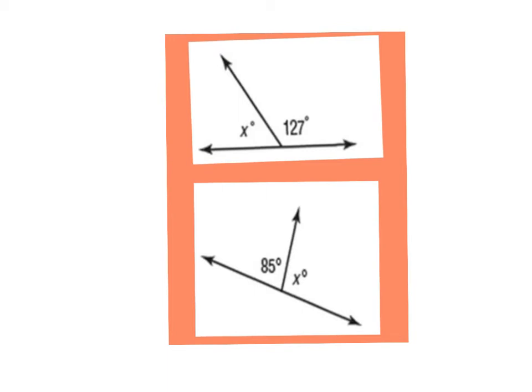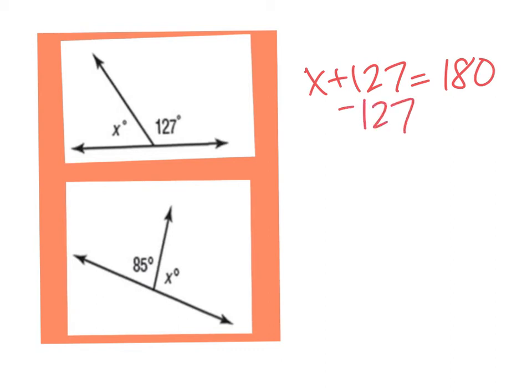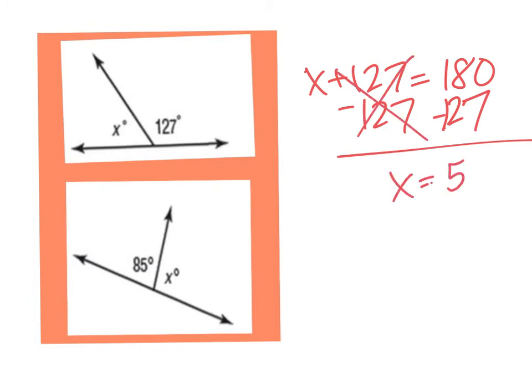In this first one, x plus 127 equals 180 degrees. Again, I'm going to use inverse operations, subtracting 127 from both sides. These will cancel out, and in this first problem, x equals 53 degrees.